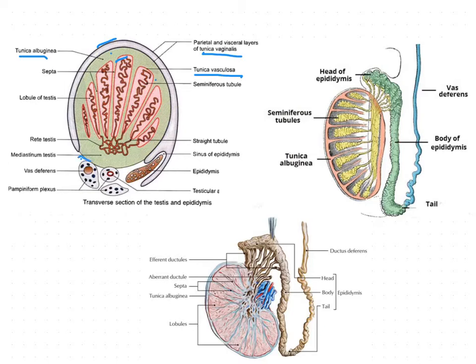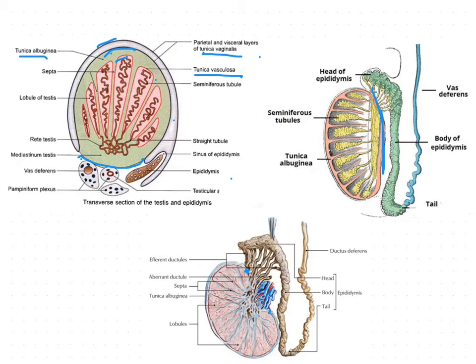In the transverse section you can see the posterior border is not covered by the tunica vaginalis, while the anterior, medial and lateral sides are covered. In the longitudinal section also, this is the posterior border, and here you can't find the tunica vaginalis.